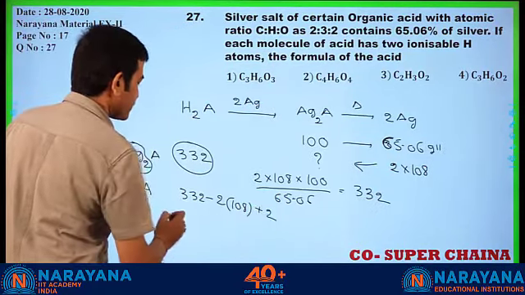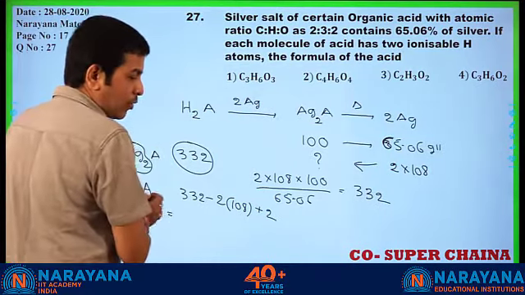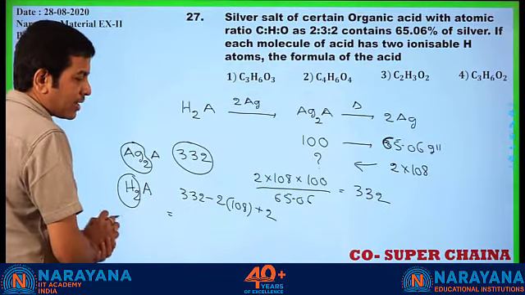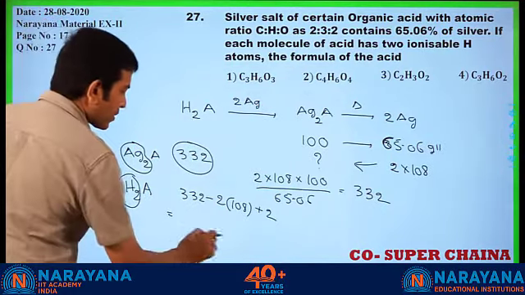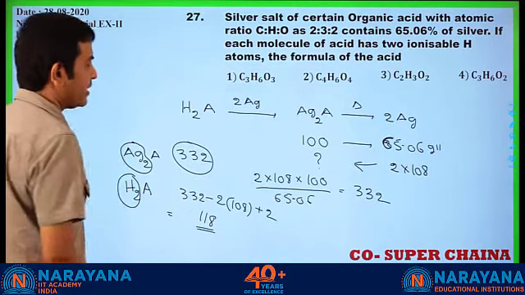So 332 minus 2 into 108 plus 2. Its value is 118.